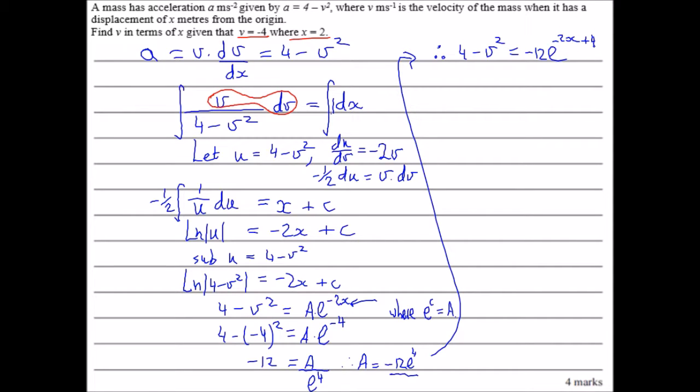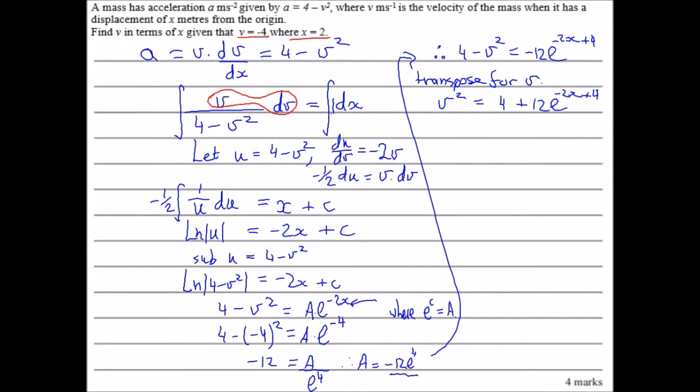Okay, so now let's just transpose for v. We get v squared is going to equal 4 plus 12 e to the minus 2x plus 4.